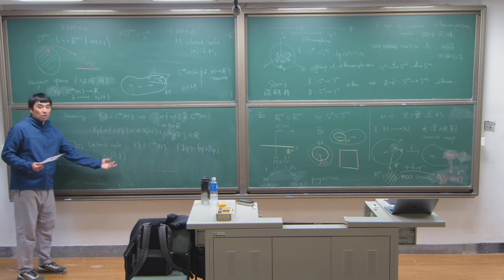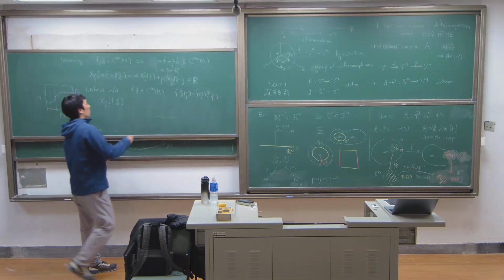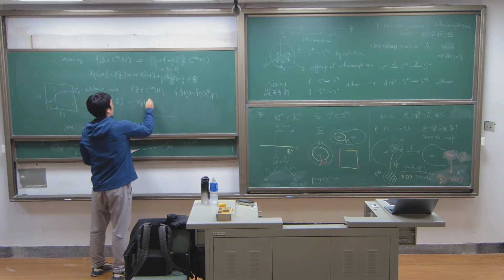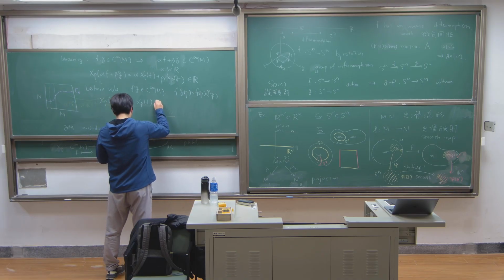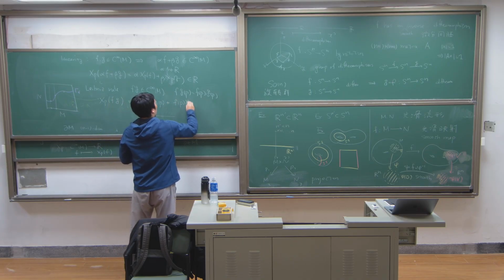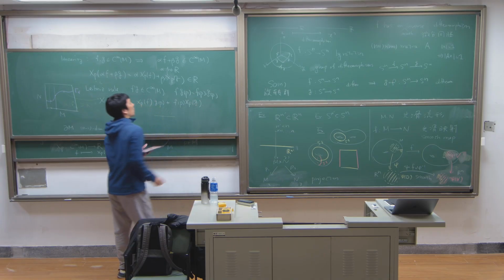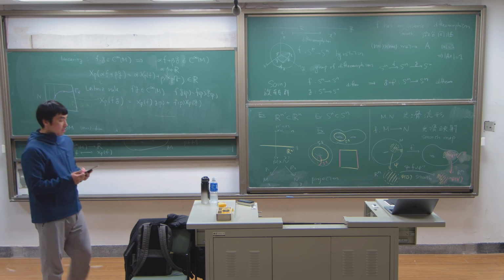So you have a multiplication of functions on M, and you apply X_p to it as follows. So this is called the Leibniz rule.